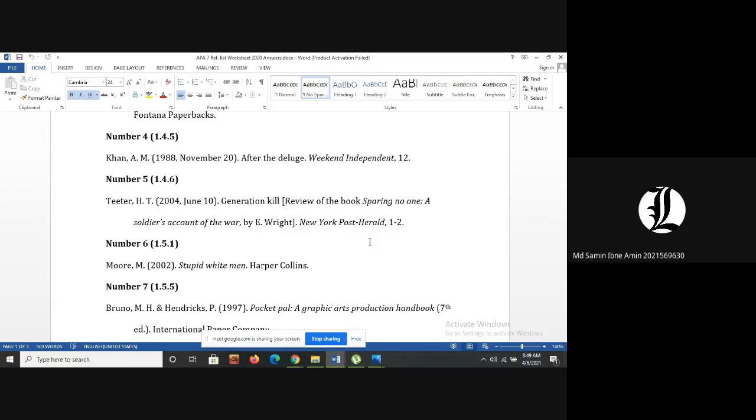I feel weird about the Post Herald part. It could be a newspaper or could be a magazine. But anyway, since it was published there, that's the original name of the newspaper or magazine. That's why it is also italicized, and then the page number is given. A page number is required for other sources, except for books.